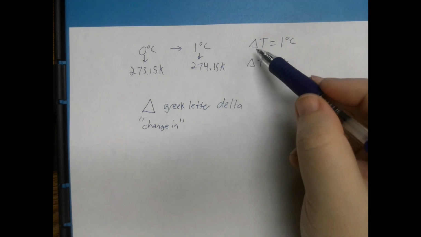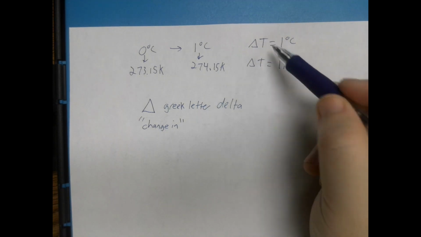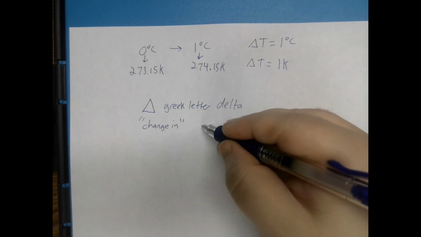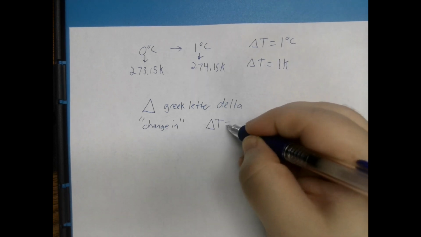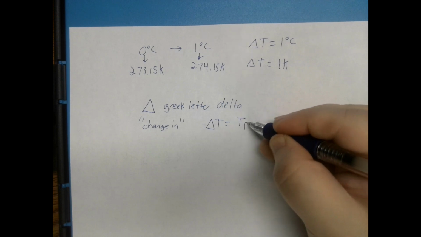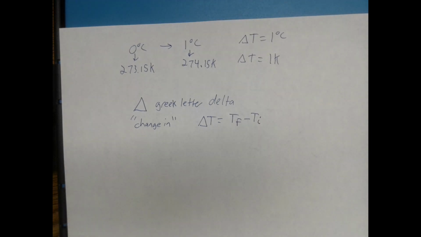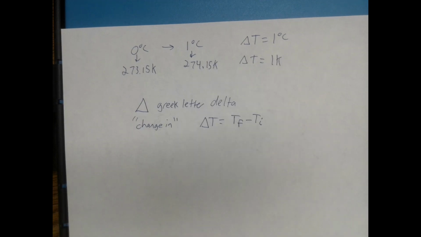So change in temperature is 1 degree Celsius. Another way, if you have delta T, that's the same thing as final temperature minus initial temperature. I do use this a lot in the class whenever I'm writing, because it's better than doing final minus initial or writing the words change in.